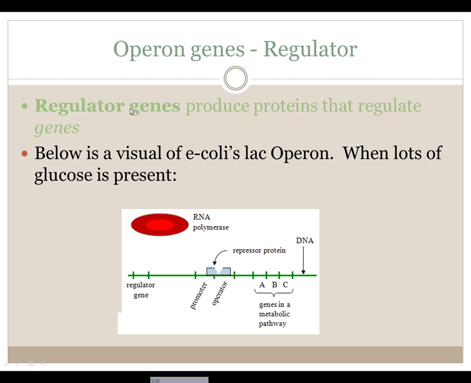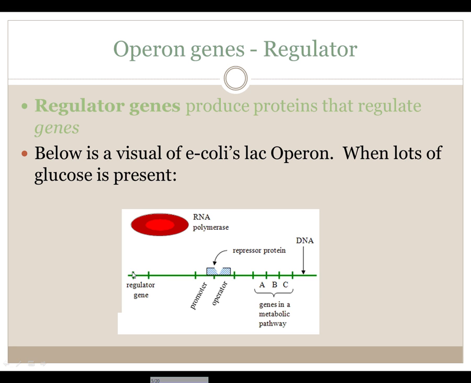Now, a regulator gene would be right here. RNA polymerase can read that chunk of DNA and ultimately make mRNA, which would then make a protein called the repressor protein.